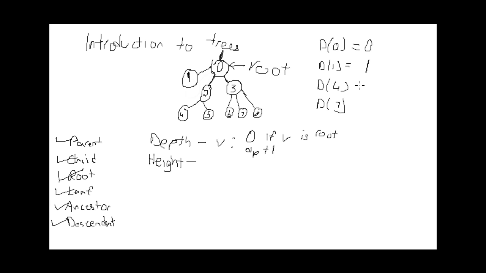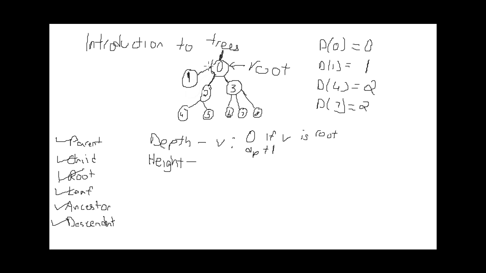And then depth of 4 is depth of 2 plus 1, which makes depth of 4 2. Similarly, depth of 7 is depth of 3 plus 1, and depth of 3 is depth of 0 plus 1. So depth of 0 is 0, so depth of 3 is 1, and depth of 7 is 2.